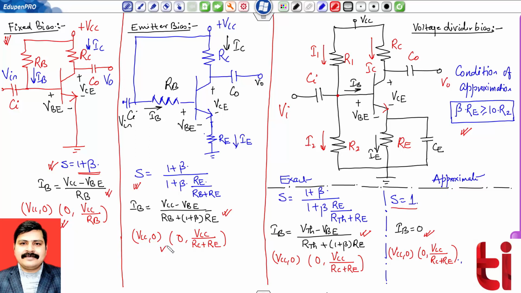Likewise, the remaining points for DC load lines have been given over here. Ultimately, what we can say is that among the three methods, the voltage divider bias method is most practically used for amplification purpose, because it provides the stability S equals 1 in approximate analysis, and this is ideally suitable.